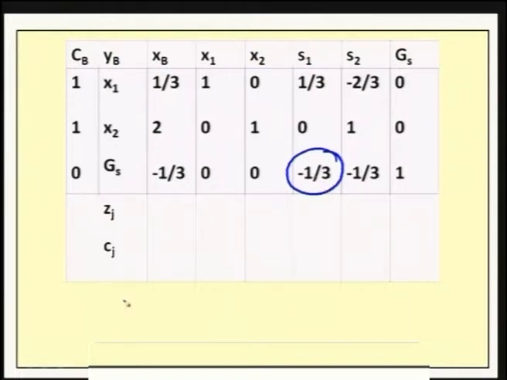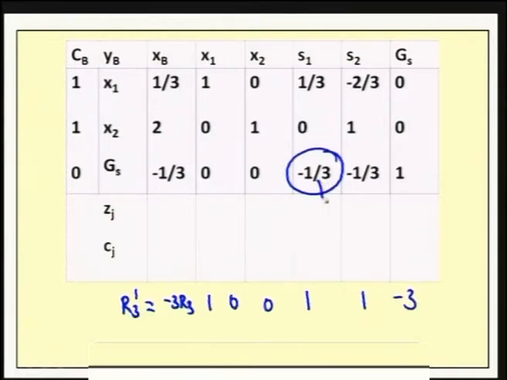For that, R3 dash is minus 3 R3. If you multiply the entire row by minus 3, this term becomes 1. So minus 3 into 1 by 3 gives 1. Then 0, 0. If I multiply by minus 3, it becomes 1, and it becomes minus 3.